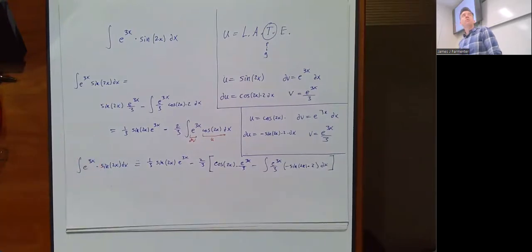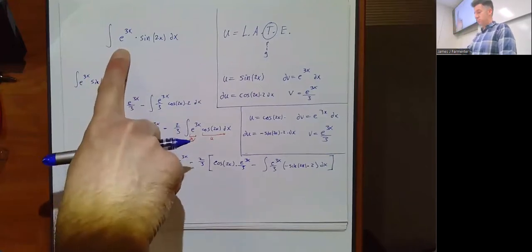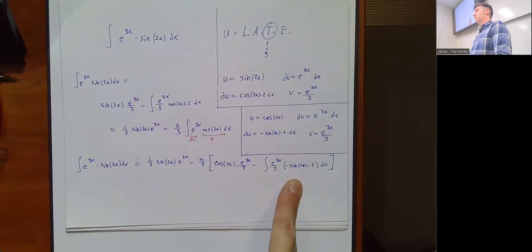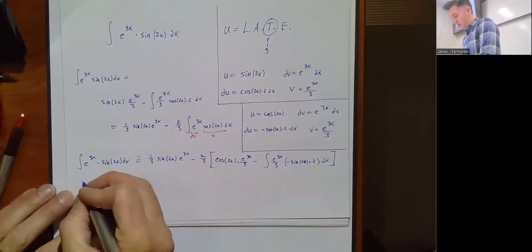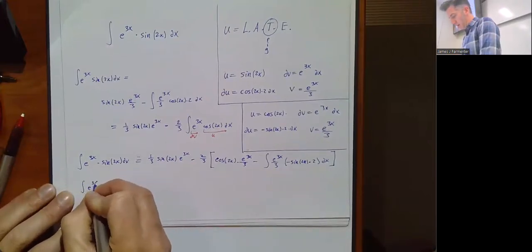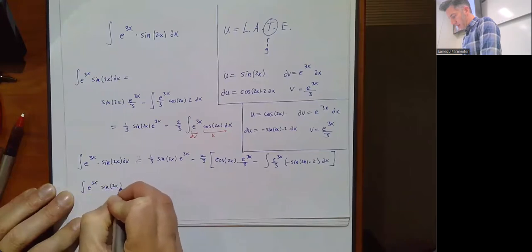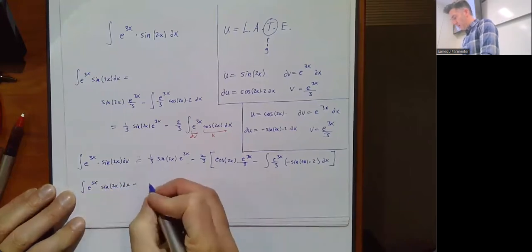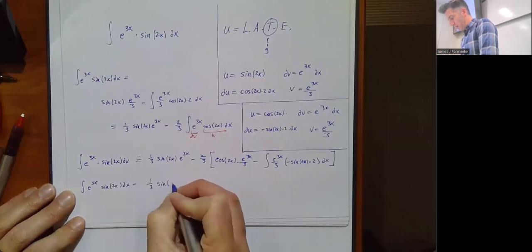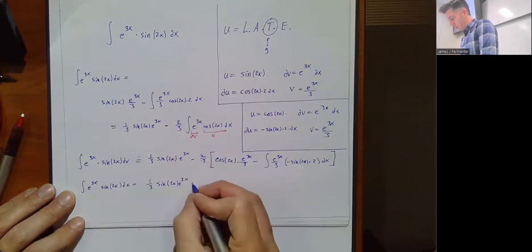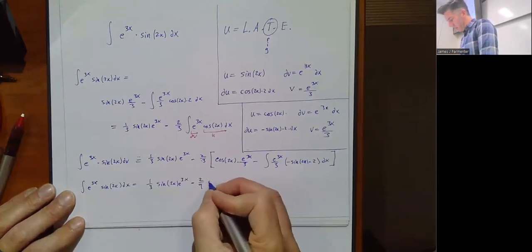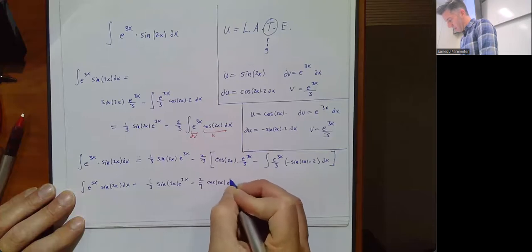Now here's what we should be making note of. The integral that we're trying to find showed back up again. So here's what we're going to do. We're going to simplify this a tiny bit. The integral of e to the 3x sine of 2x dx is equal to 1/3 sine of 2x times e to the 3x, minus 2/3 times 1/3 is minus 2/9 times cosine of 2x times e to the 3x.